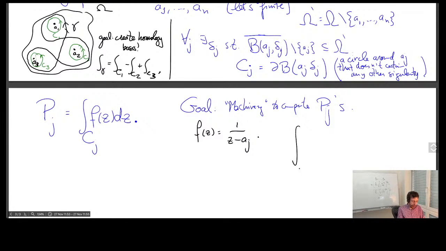In particular, the integral over Cj of 1 over z minus aj dz we know is equal to 2 pi i. So there is one function we can compute the period of, and it's an interesting one, it's not 0.